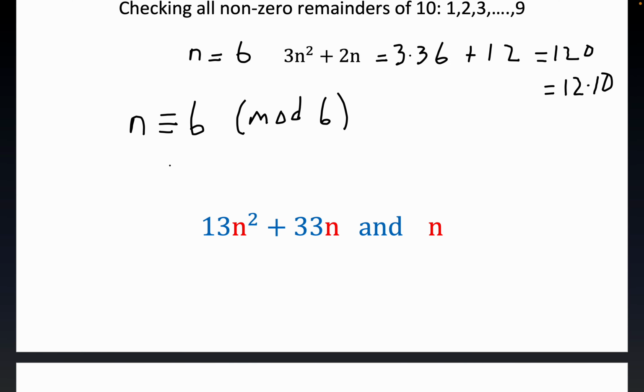We'll just do n equals 6, and we get 13 times 6 squared plus 33 times 6. This is our original expression. I believe that comes out to be that unlucky number you read about occasionally, 666.